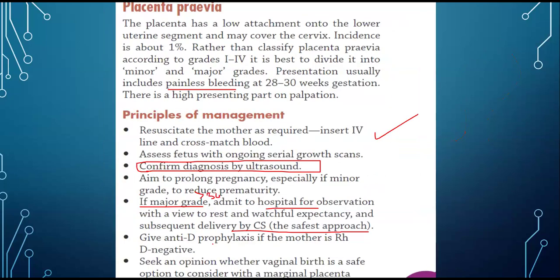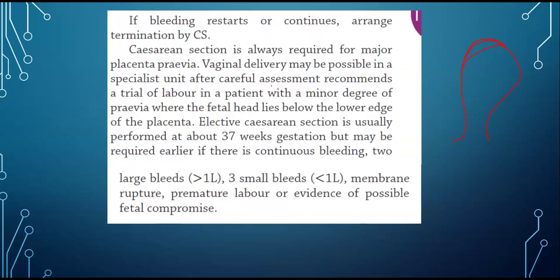So for those patients, if an obstetrician agrees, they can try a vaginal delivery. So cesarean section is always required for major placenta previa, but there is a very small group of patients who can have a trial of vaginal delivery.